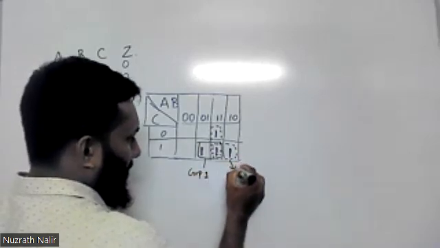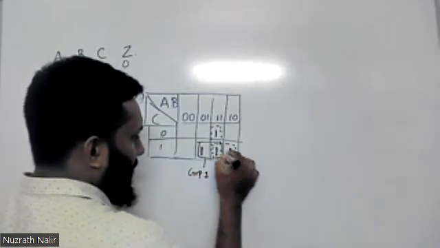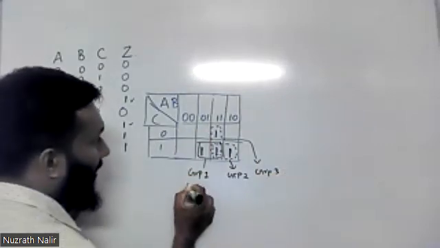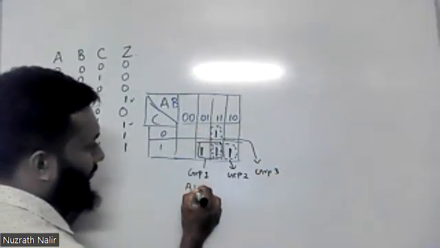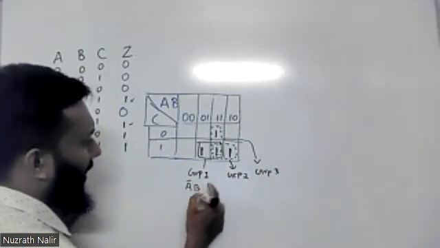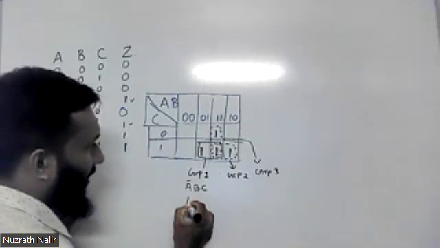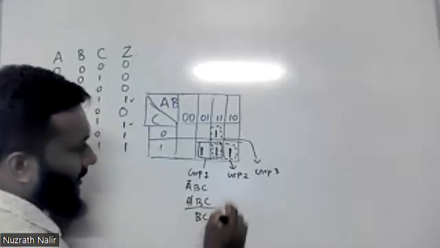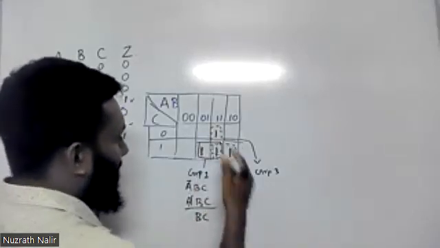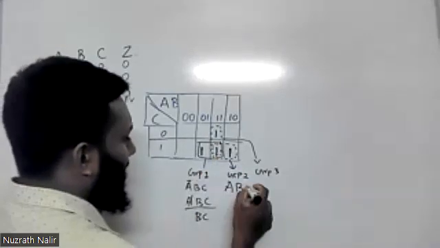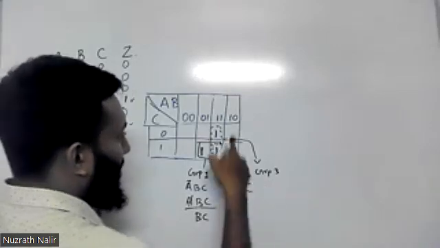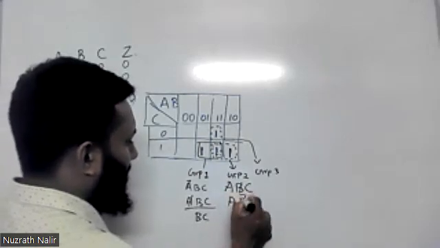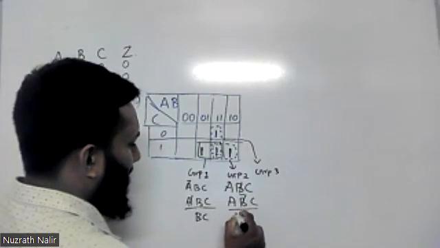Group 1, group 2, group 3. So the first one, A, B bar, C, and the second one, A, B, and C. So you can cut it off, the balance is BC. For group 2, A, B, and C. For this one, A, B bar, C. So B is AC.